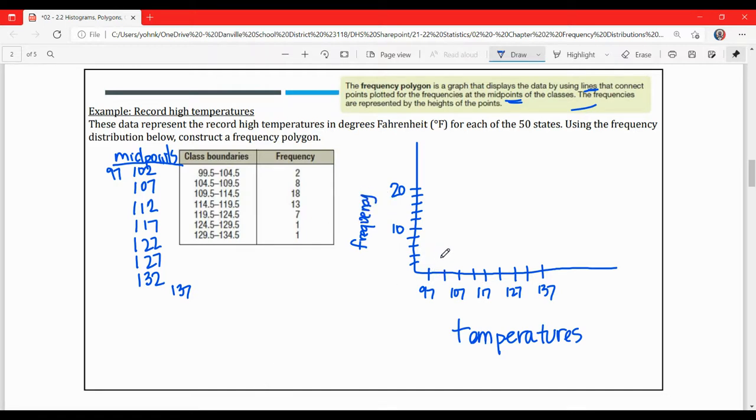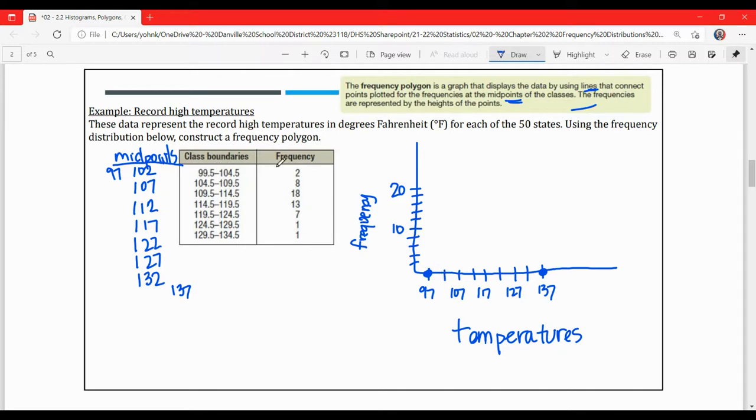Now, the frequency polygon has to start and stop on the x-axis. So that's what those first and last dots are for. And then above each midpoint, you're going to graph the frequency.